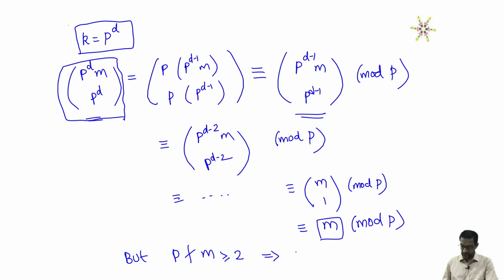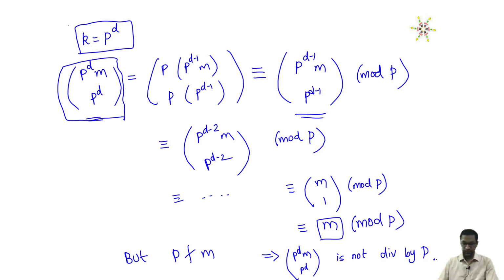So this means that this number p to the d m choose p to the d is not congruent to 0 mod p, so it's not divisible by p. At the moment, let me not worry about this m greater than or equal to 2 business. All I care about is that m is not divisible by p. That means that neither is this p to the d m choose p to the d.